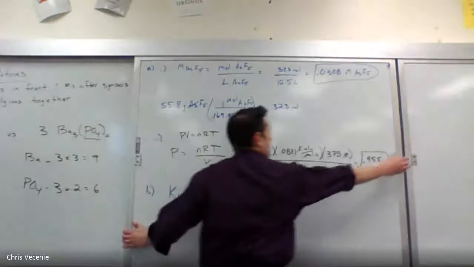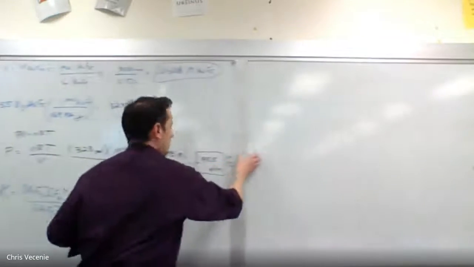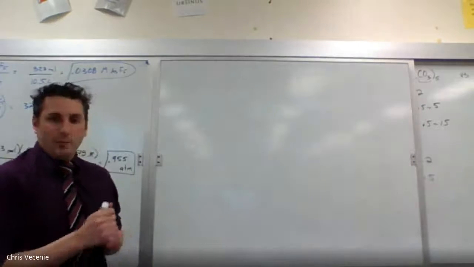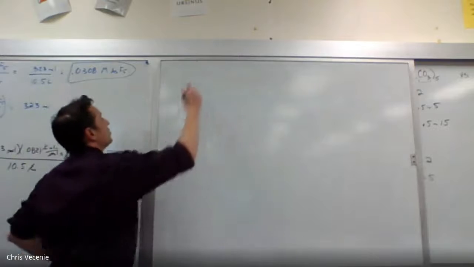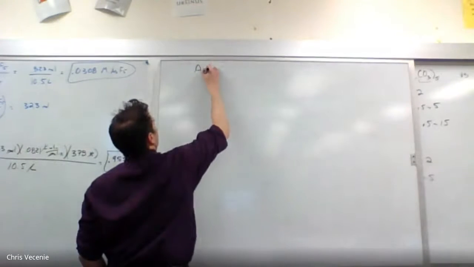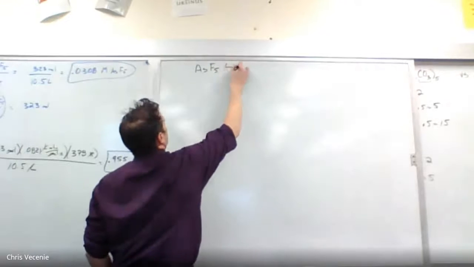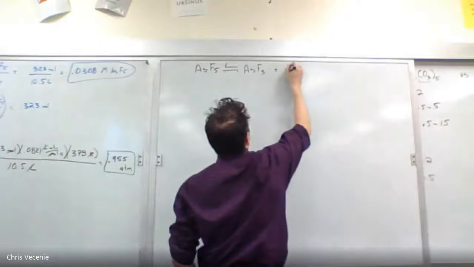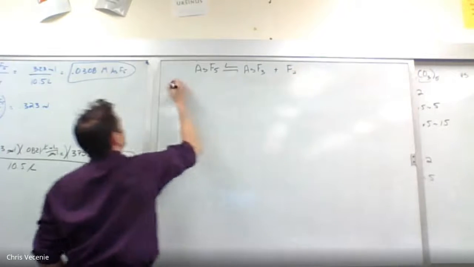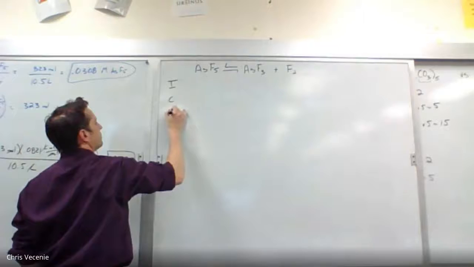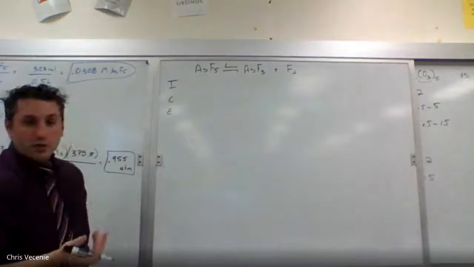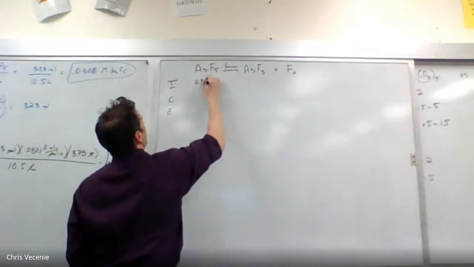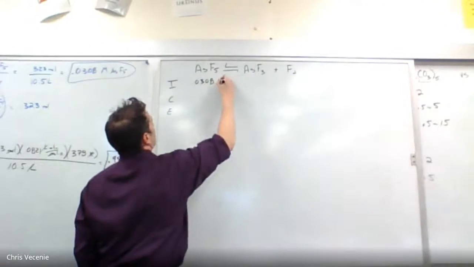So if we want equilibrium concentrations, the best way to get those is by doing an ICE table. Big common theme in this chapter. So you start with your equilibrium, the AsF5 going to AsF3 plus the F2. Set up your ICE table. Our initial concentration of the AsF5, we calculated it over here. It's the 0.0308 molar.